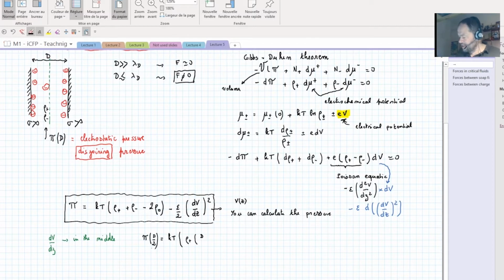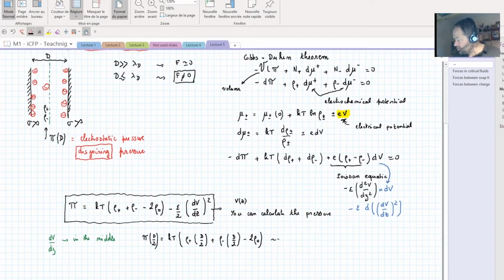P in the middle will be rho plus in the middle plus rho minus in the middle minus 2 rho 0.